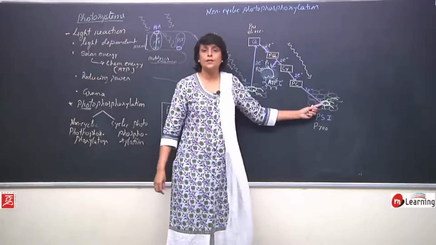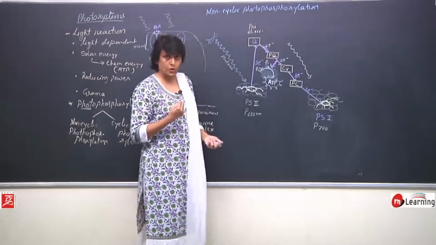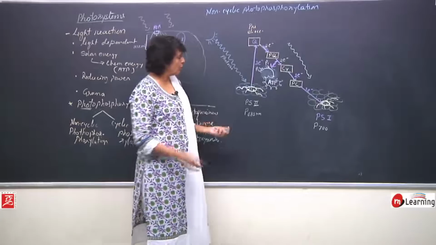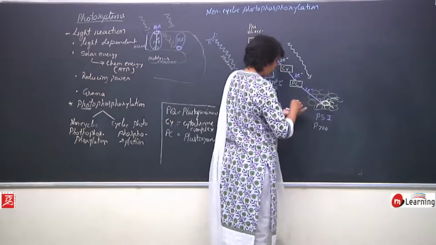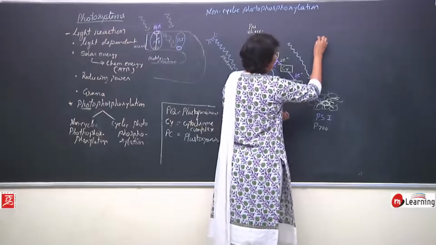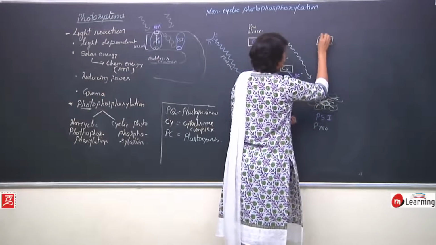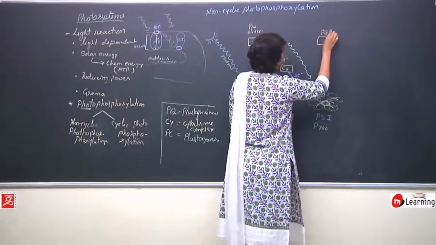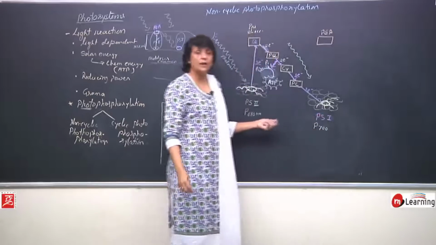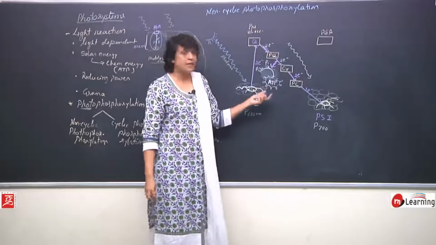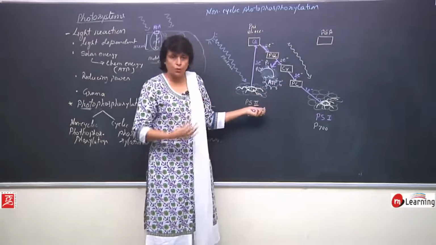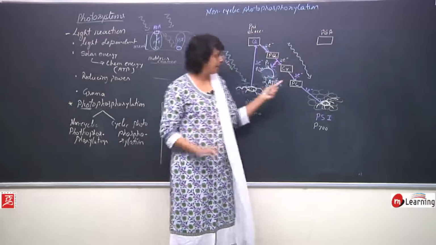This reaction center chlorophyll got 2 electrons from PS2. This photosystem also has its primary electron acceptor. In case of PS1, it is either iron sulfur protein or maybe some unknown thing. So let us keep this blank.